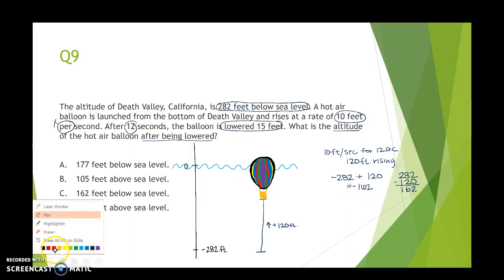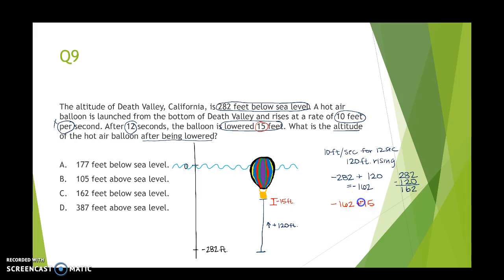Then it says that it lowered 15 feet. So we're going from here down 15 feet, right? Minus 15 feet. So I'm going to take where it was at. It was at negative 162, and we went down, so minus 15 feet. So we need to keep flip change to get it all to addition, so we can use our rules.